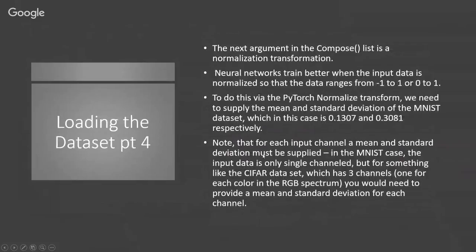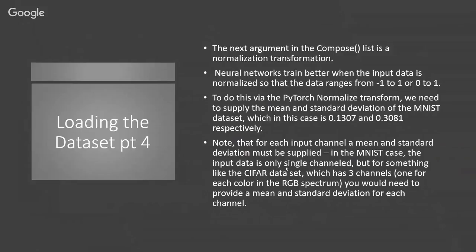Sorry, the next argument in the composed list is a normalize transformation. Basically what it's doing is normalizing the data. Neural networks tend to work better if you normalize data between -1 to 1, or 0 to 1. To do this in PyTorch with the normalize transform, we need to supply a mean and standard deviation of the MNIST dataset, which in this case is 0.1307 and 0.3081 respectively.